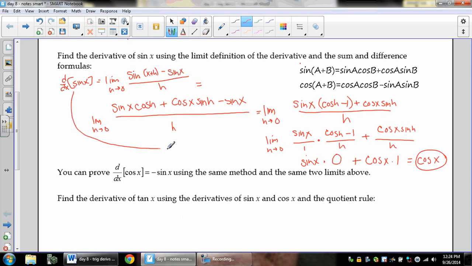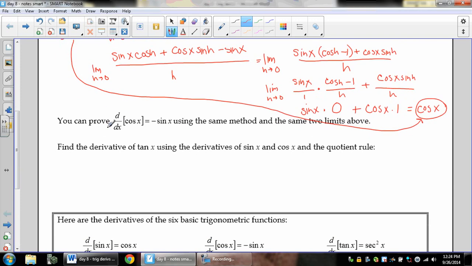The derivative of sine x is cosine x because of sine, cosine, cosine, sine. Inside this limit, sine becomes cosine. Long story short, you could also prove that the derivative of cosine is negative sine using much the same method. The reason it's negative sine is because of the cosine, cosine, sine, sine, sine, and that sign in the middle gives you a negative.